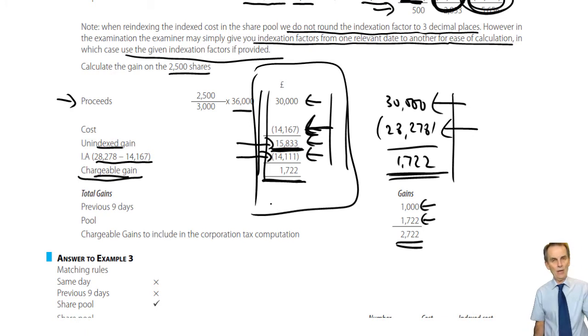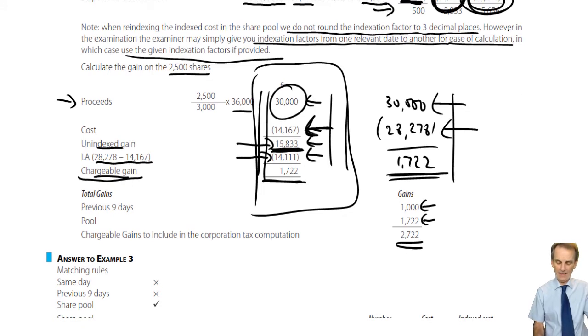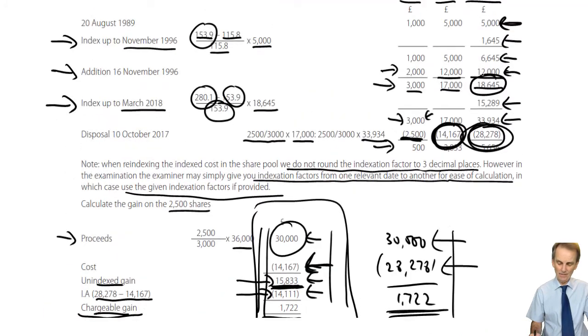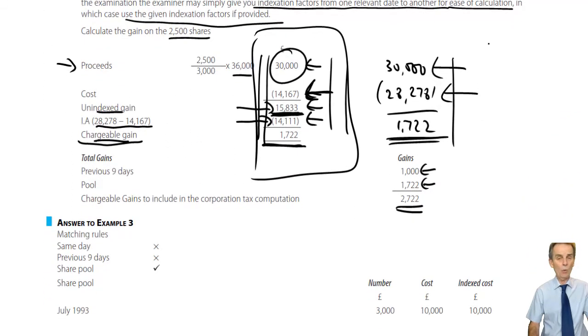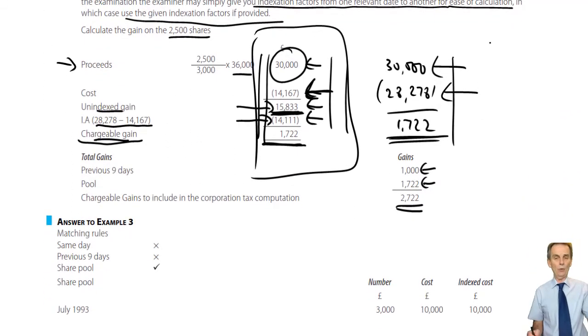If you're doing an objective testing question, and you can quickly see that the proceeds are bigger than the index cost, there, the 28,278, just take one from the other, and you've got your chargeable gain. Put that in as your answer, pick that out from, hopefully, one of the 4 answers given, and that's going to be the answer for that particular bit of the gain.